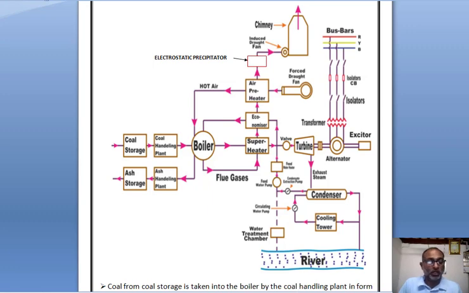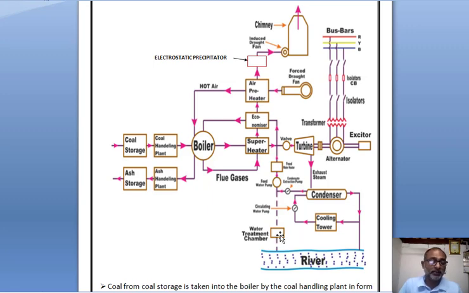Now whatever makeup water is required for this boiler, which is used to convert into steam, is taken from the river with the help of a water treatment plant. In this plant, we are removing some impurities.